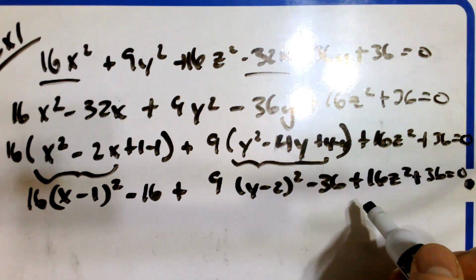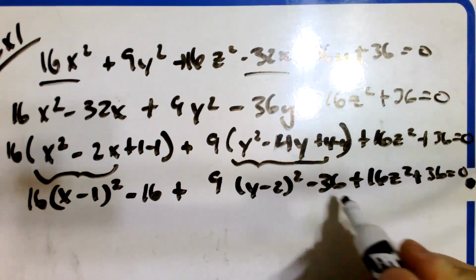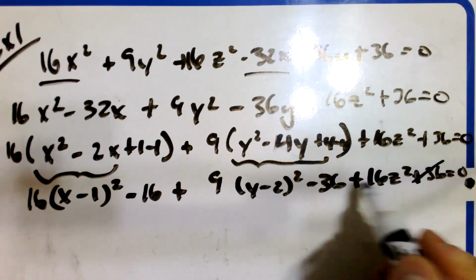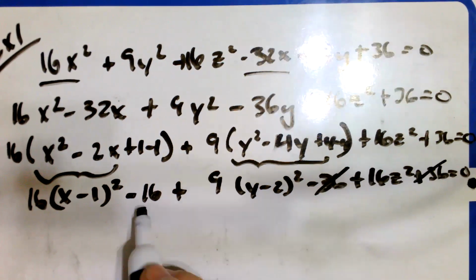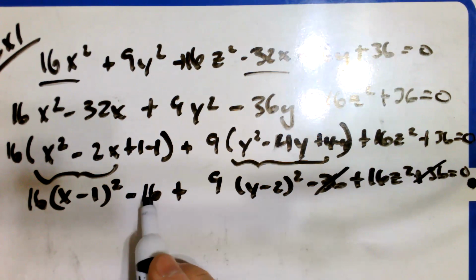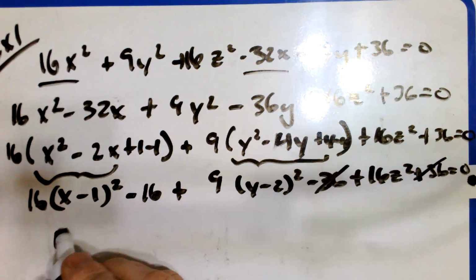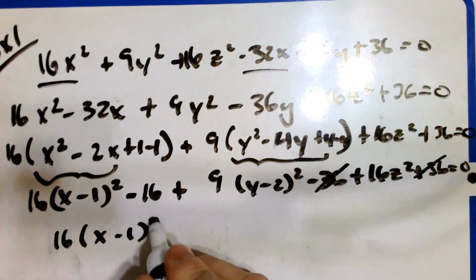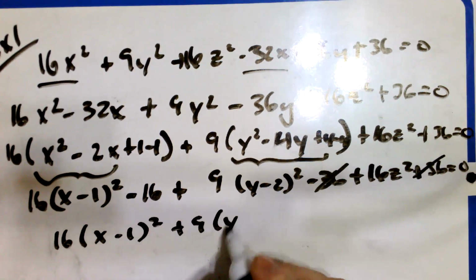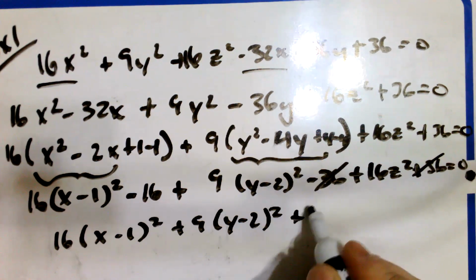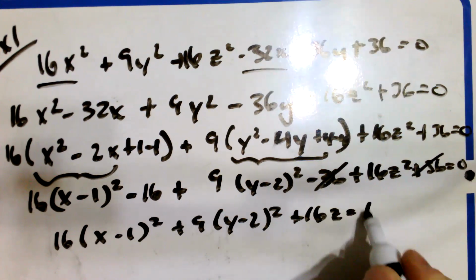And now simplifying terms, I have a minus 36 and a plus 36, so those two are going to cancel out, which is really nice. I have a negative 16 here that I can eliminate by inverse operations, adding 16 to both sides. And so I get 16 times x minus 1 squared plus 9 times y minus 2 squared plus 16z squared equals 16.